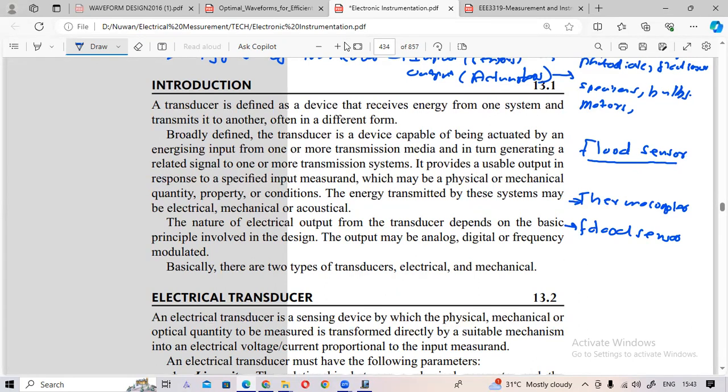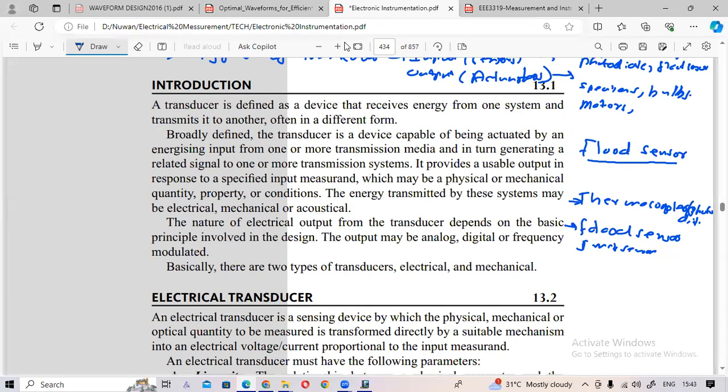Can anyone guess what that is? If you consider thermocouple or photodiode, and this flood sensor, or smoke sensor, so there are many types of sensors, and fire sensors.